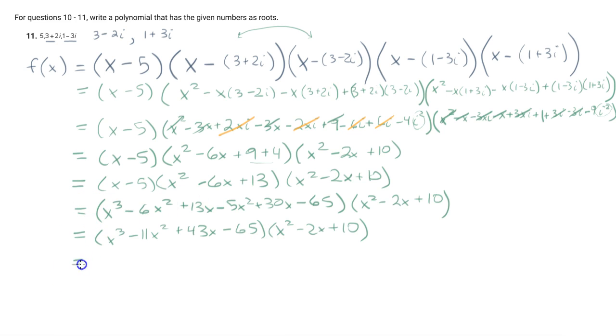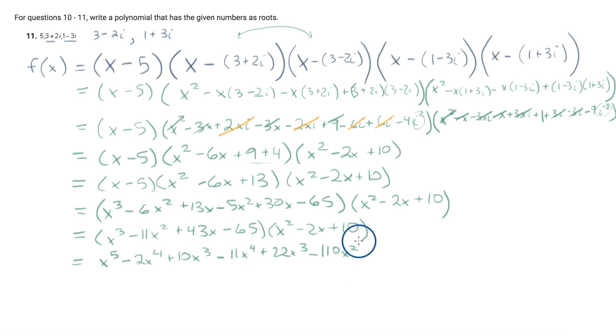We have to distribute that to x squared minus 2x plus 10. All right. So a lot of multiplication going on. We're going to distribute x to the third to everything in the second. So that will be x to the fifth minus 2x to the fourth plus 10x to the third. Let's do the same with negative 11x. So we'll get negative 11x to the fourth, okay, plus 22x to the third, minus 110x squared.